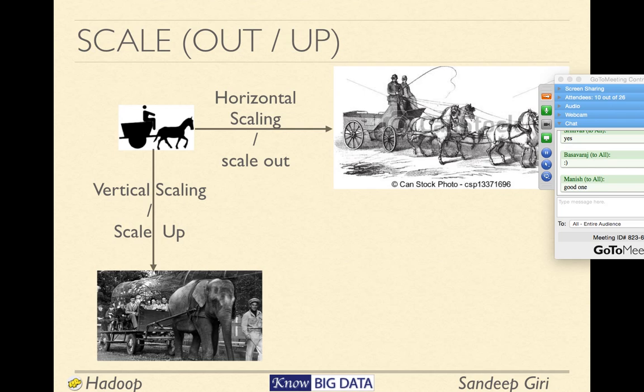Interestingly, scaling up has been the order of the day for most of the tech industry for quite some time now. We have been obsessed with buying the dual core, core 2 duo, assuming that buying an elephant will suddenly solve our problems.